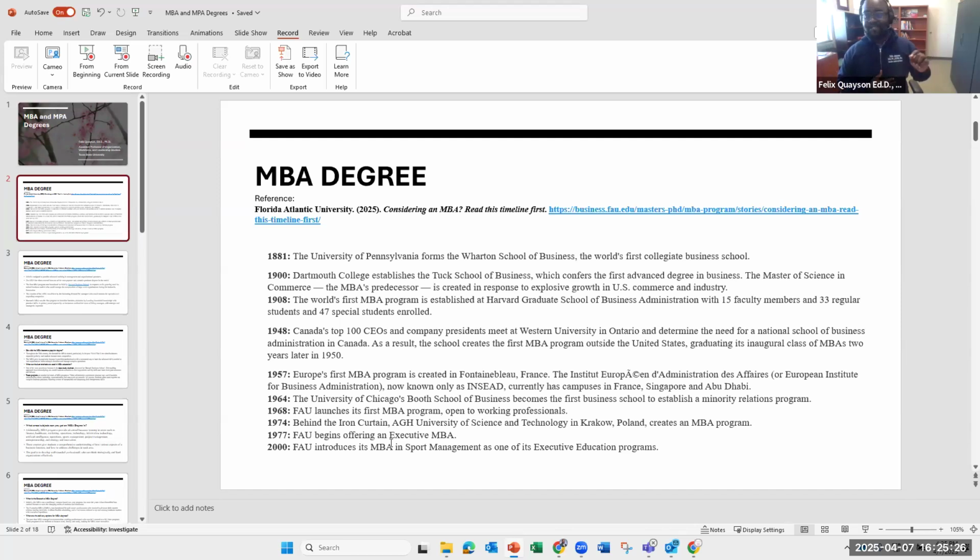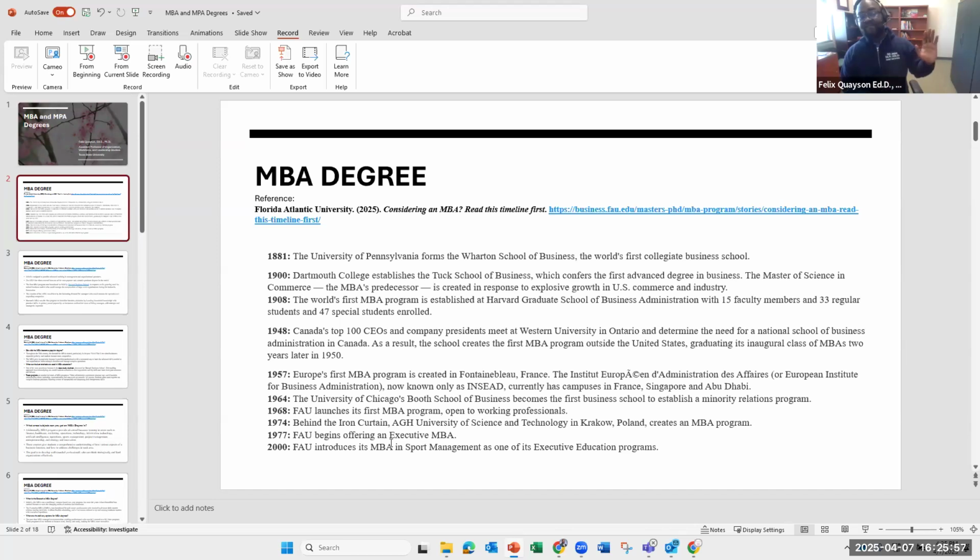Now, in 1908, the world's first MBA program was established at the Harvard Graduate School of Business Administration, which is now the Harvard Business School. And when it was established, it had only 15 faculty members and 33 regular students and 47 special students enrolled.